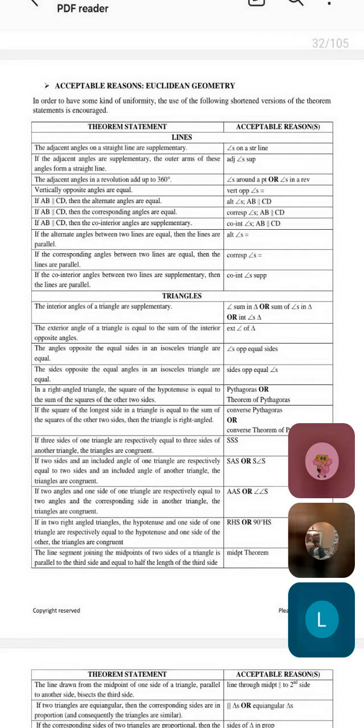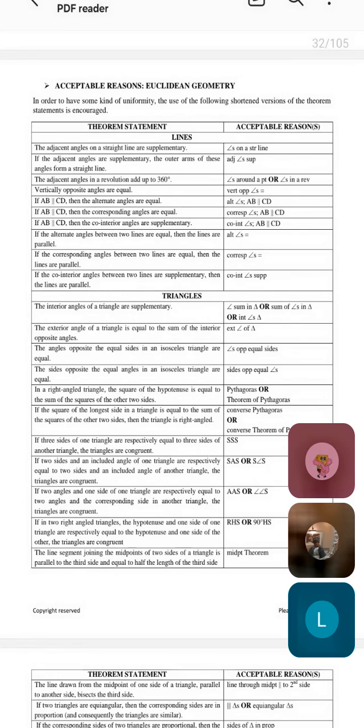All right, then let's look at the last three statements, for the lines. We are told if the alternate angles between two lines are equal, right? Remember, alternate angles are angles that are formed in that Z shape, so the position is what we are talking about.